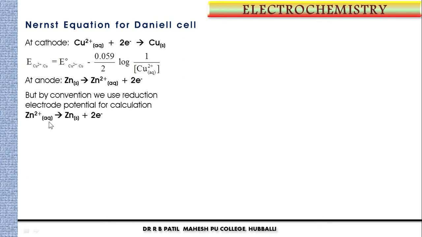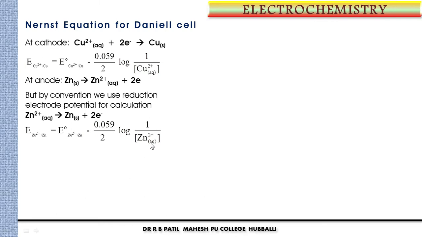Zn2 plus gives Zn and 2 electrons. Now let me write the Nernst equation. Electrode potential of zinc at any concentration is equal to its standard electrode potential minus 0.0591 divided by 2, where 2 indicates the number of electrons here, log. Once again, product ion, no ion in the product. Since it is a solid, the molar concentration is taken as 1 divided by Zn2 plus ion concentration.